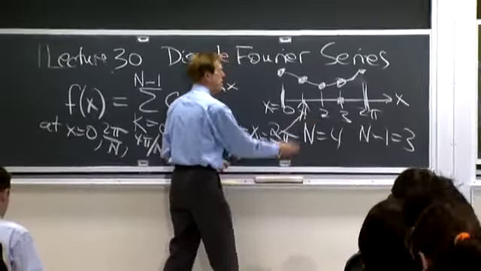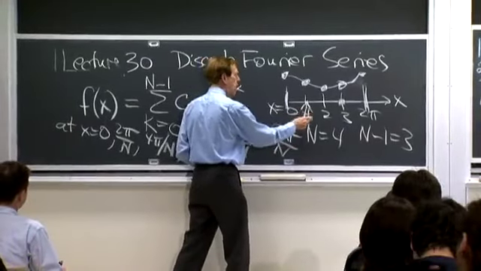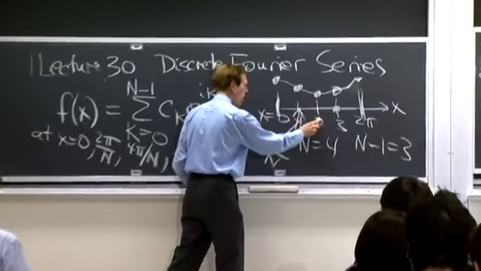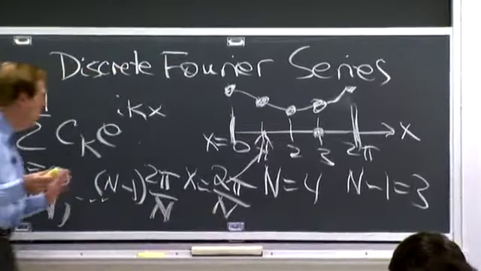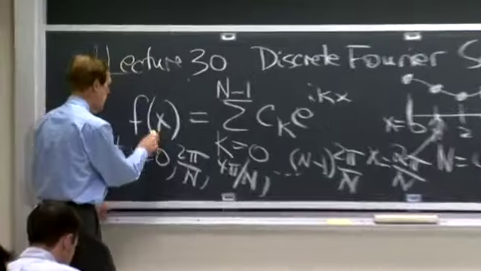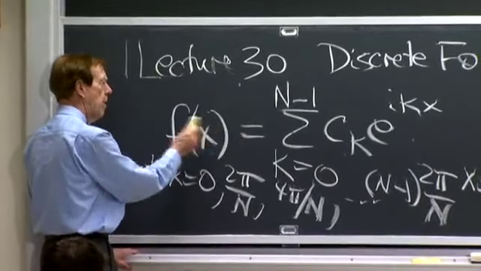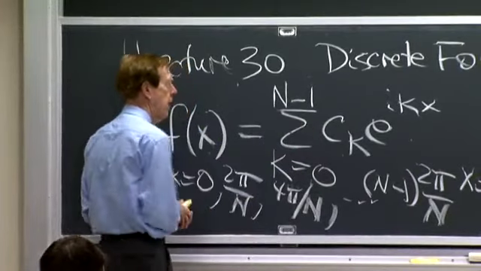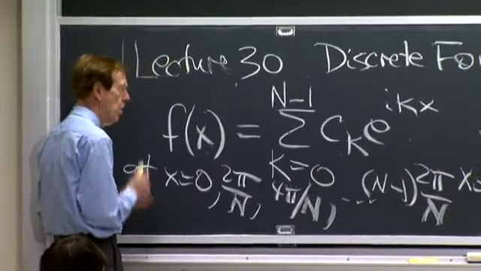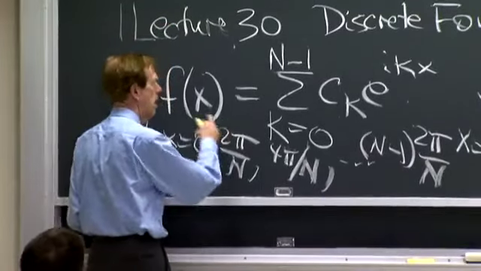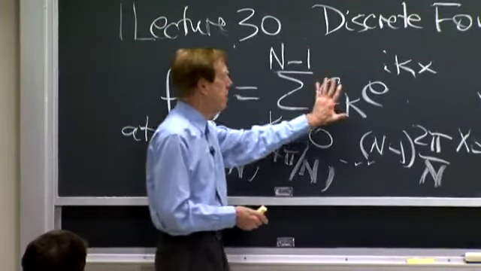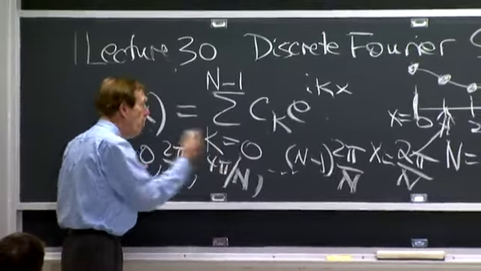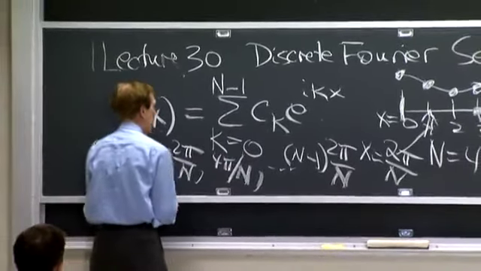So this is 2 pi over 4, 4 pi over 4, 6 pi over 4. Okay, so we're only going to get equality at those x's. So it's those x's that I should plug in here. Okay, so let me do that. Let me plug in, what does this series look like at these 4 points?